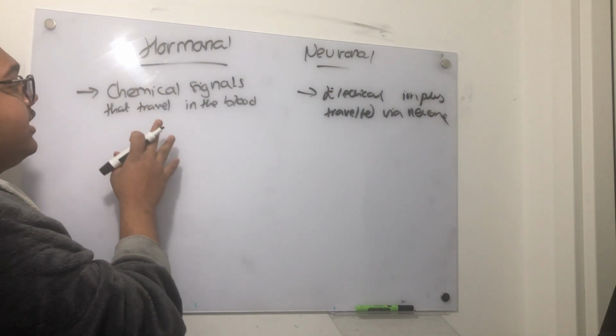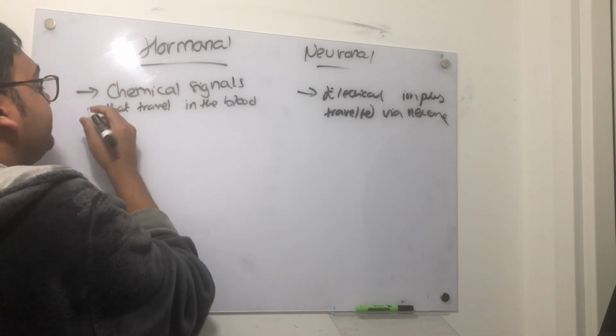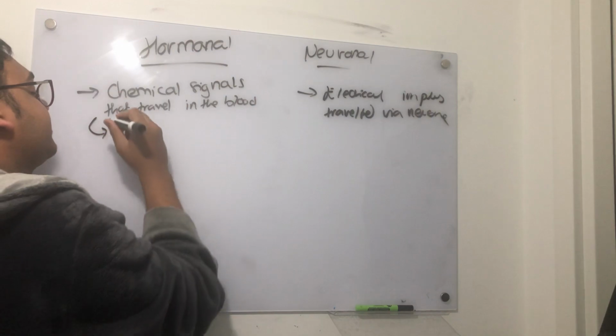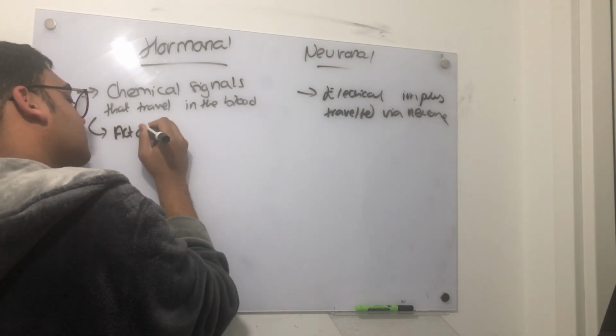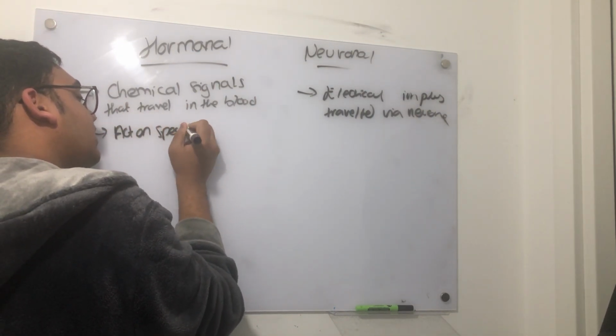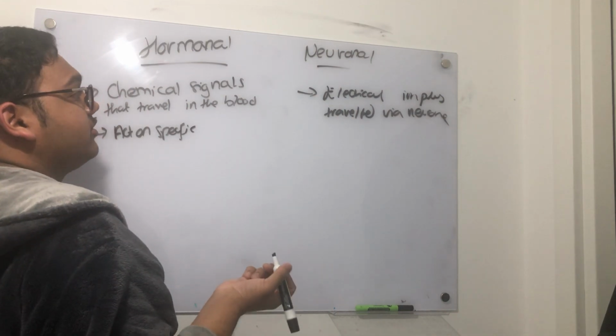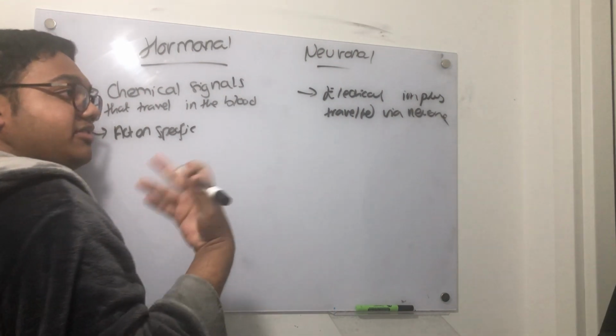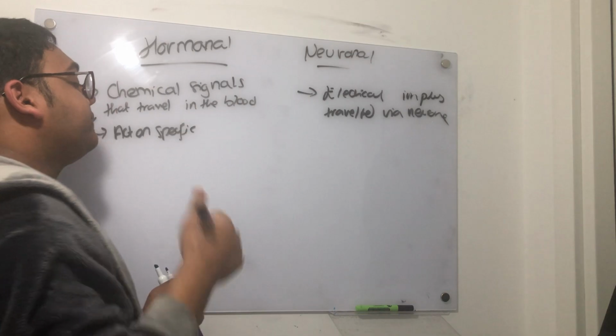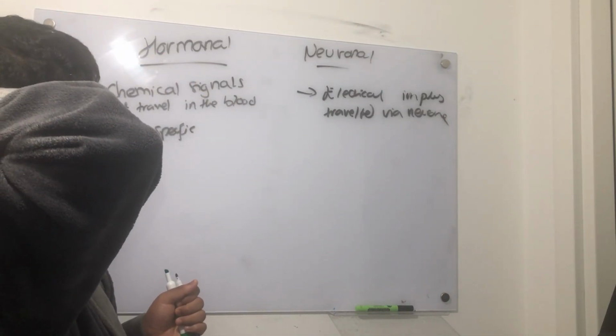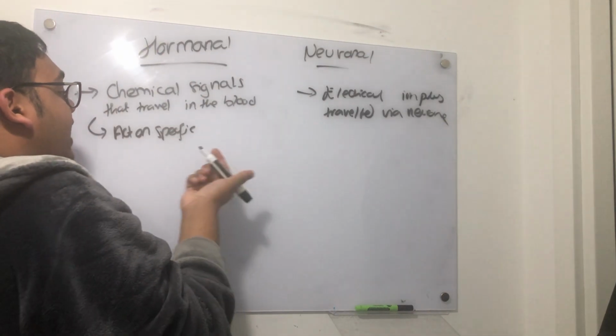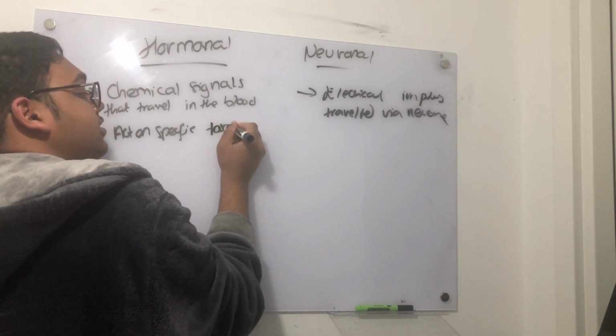Another thing you need to know is the chemical signals act on specific target cells. So, like insulin, for example, it would act on, I don't know, some kind of cell in the body that will cause it to carry out that change. So, act on specific target cells.